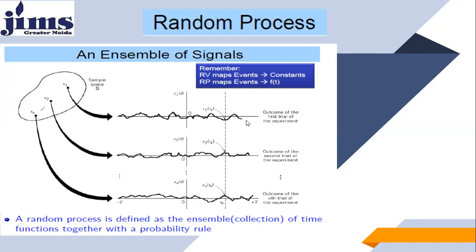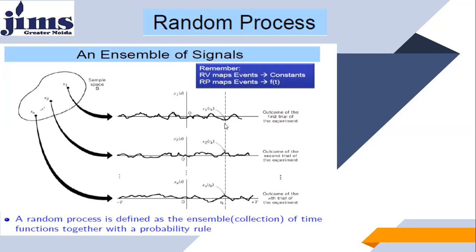This is the data set for Monday, this is the data set of Tuesday, and this is the data set of Wednesday. So this is the variation of temperature from 9 to 5 on Monday, on Tuesday, and on Wednesday.